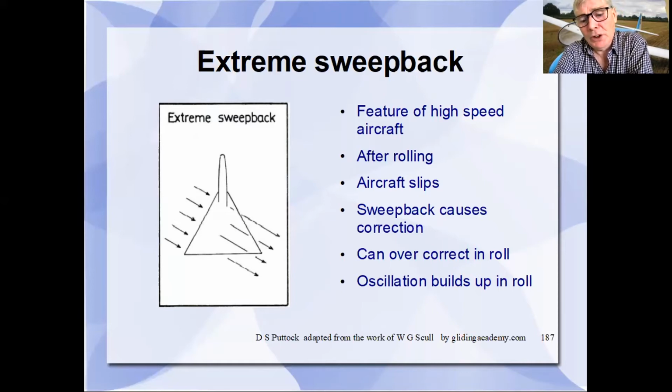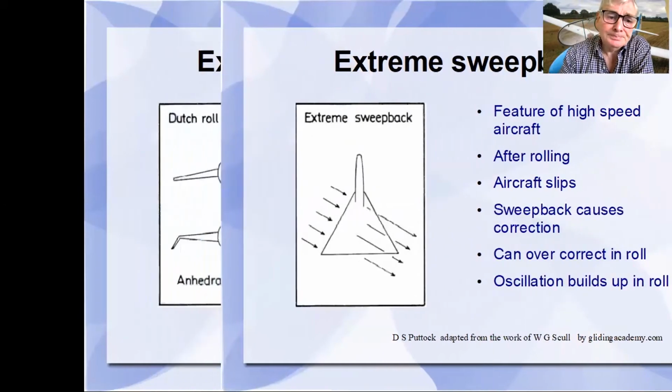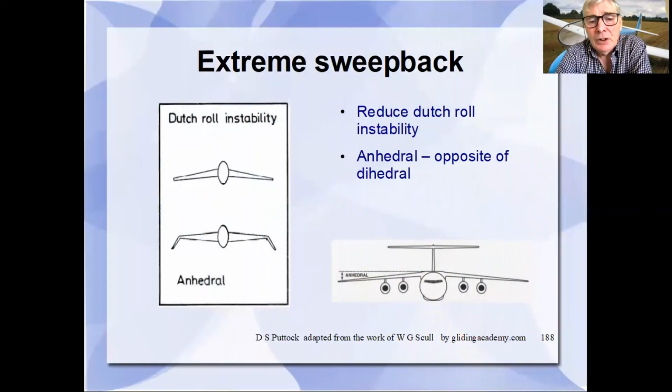Now the right wing wants to go back up, and this can build up into an oscillation which is called a Dutch roll oscillation. In order to overcome this, anhedral is built in, which is the opposite of dihedral, and that reduces the Dutch roll instability, which is why many of the military aircraft you see, for instance, have these drooping wings.